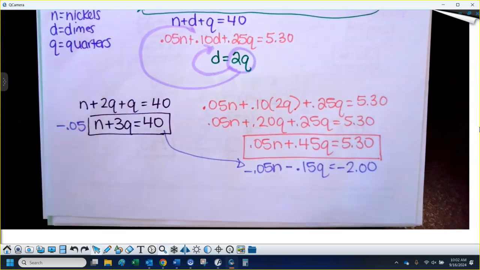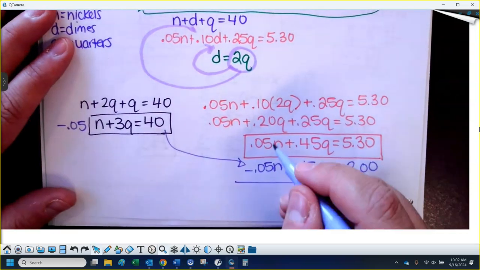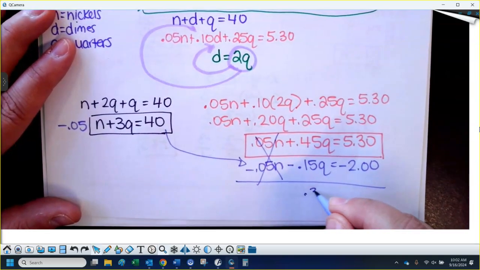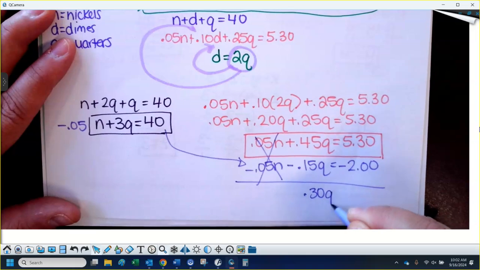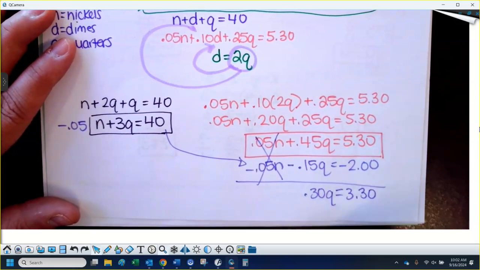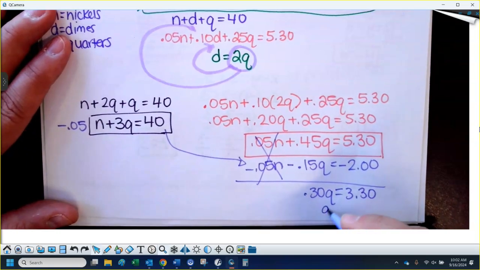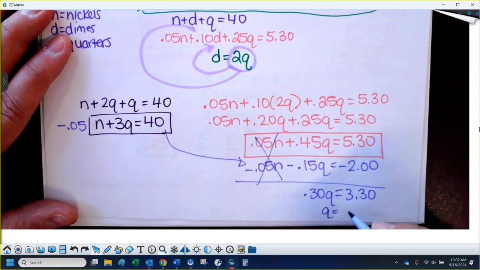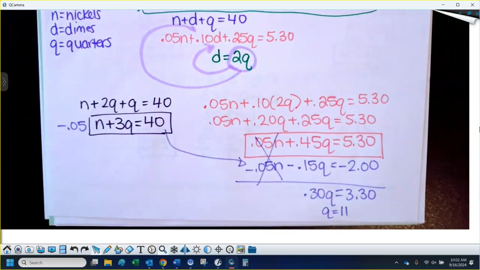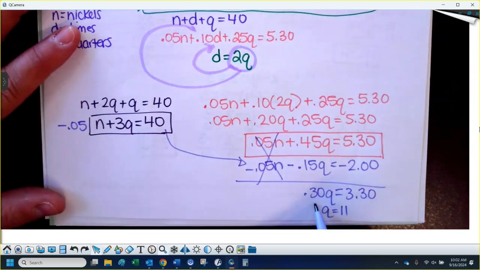I'm going to make it look like $2 just to line that up to make the subtraction easier for myself. The nickels would go there. I'm eliminating those. You get 0.30 times your number of quarters equals 330. And then again, you should not get a decimal or a fraction if you're talking about a number of coins. We can't have part of a coin. So my quarters there are just going to be 11 when you divide that.